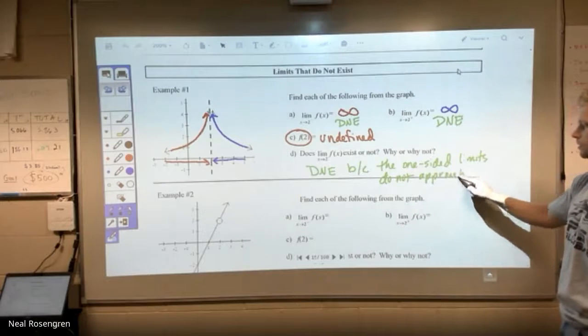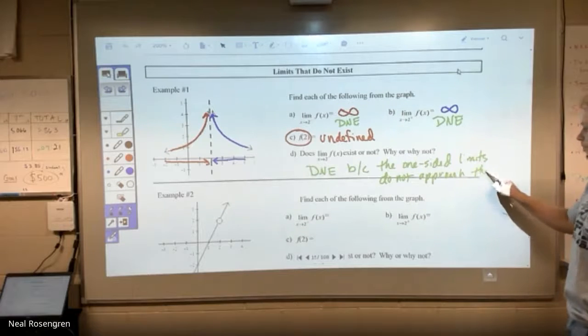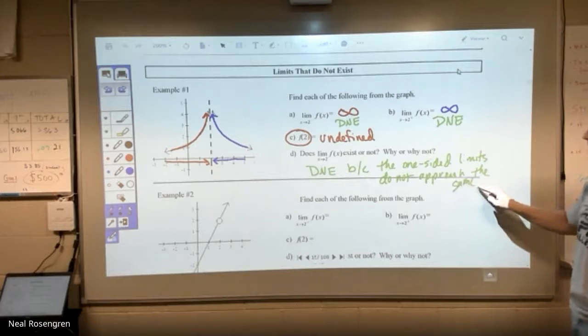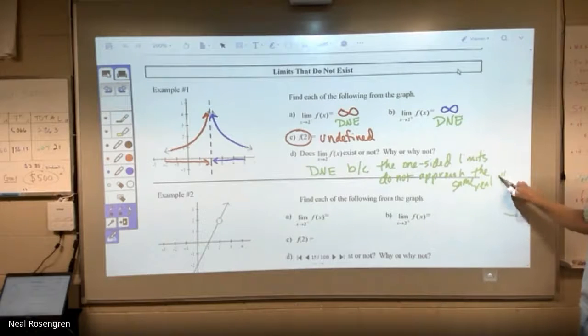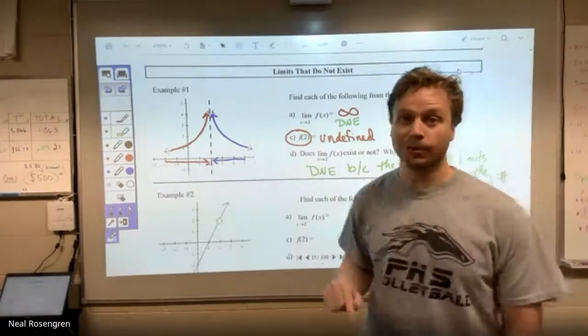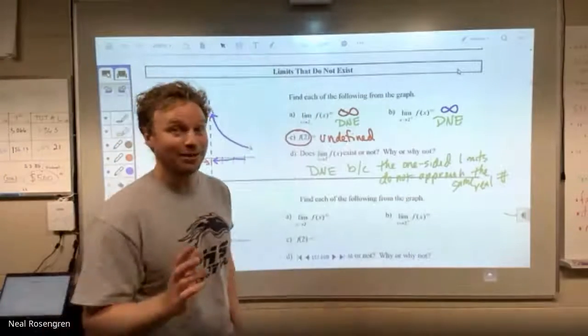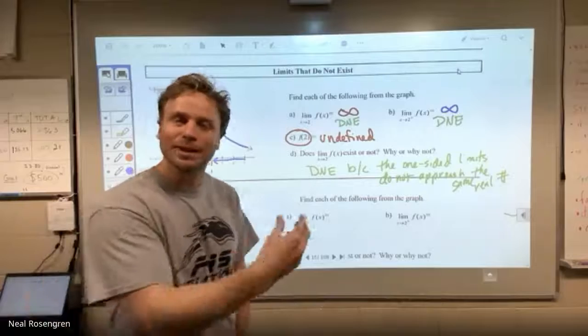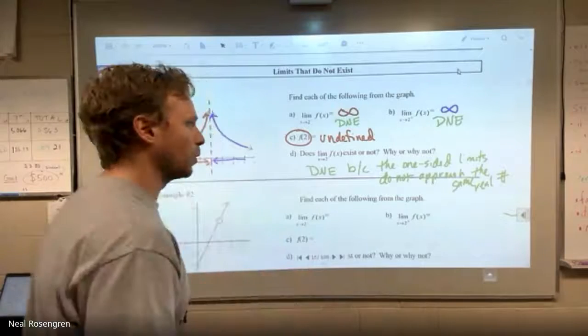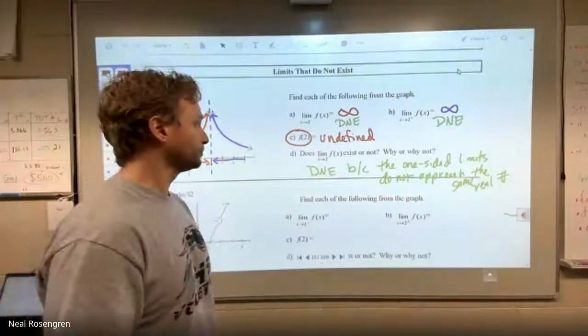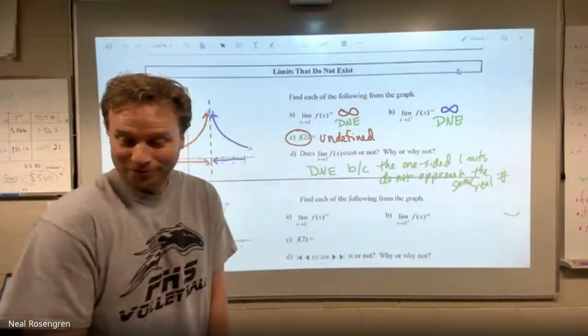That sounds good. And of course, neither of them are even approaching a real number to begin with. But this really covers ourselves because that's what makes a limit exist or not, whether or not it's approaching a real number. Cool.